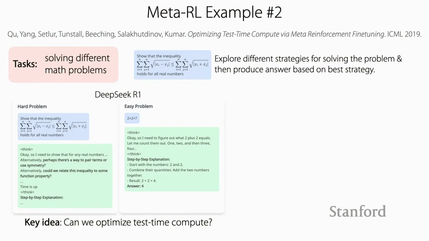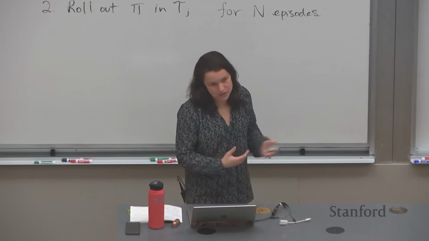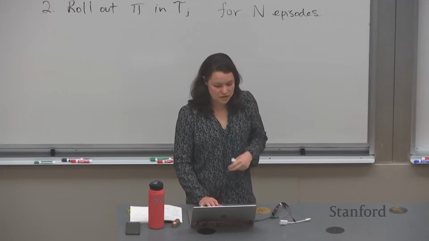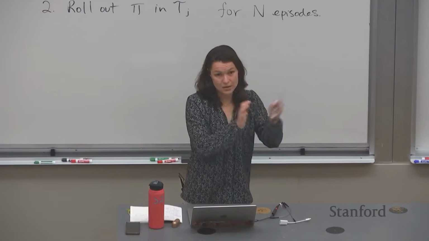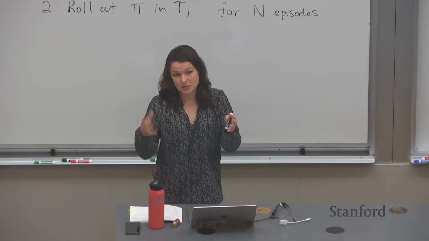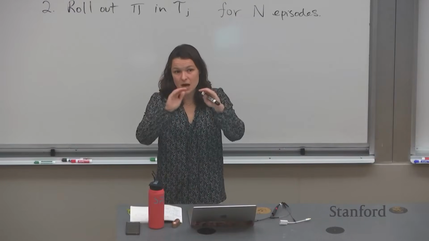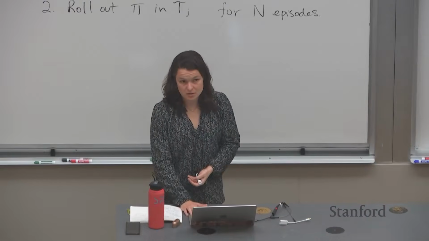So you can use this notion of meta-RL to optimize for test time compute. If you know you're going to be doing test time compute at test time, bring that into the training process and encourage the model to efficiently use that compute and efficiently explore different strategies. Ideally, on easy problems it outputs an answer as quickly as possible, and for harder problems it thinks as much as it needs, including exploration, until it exploits and gives an explanation.